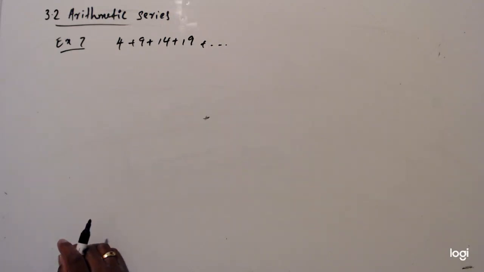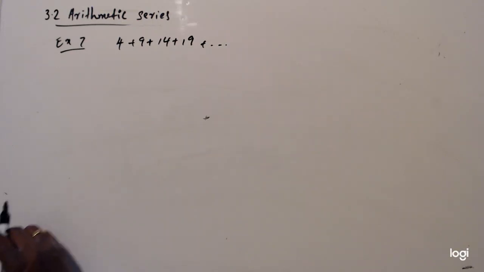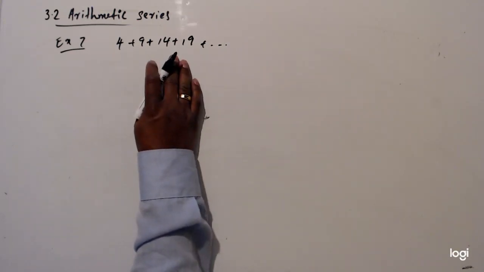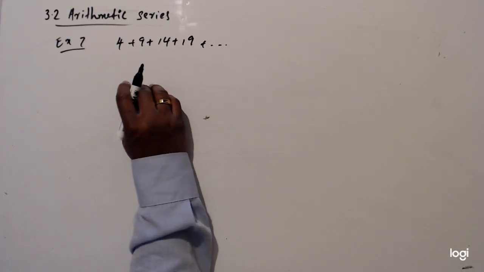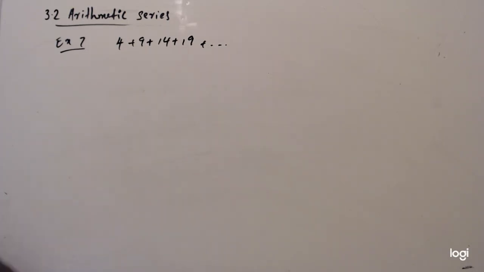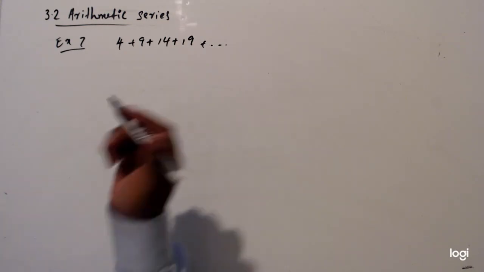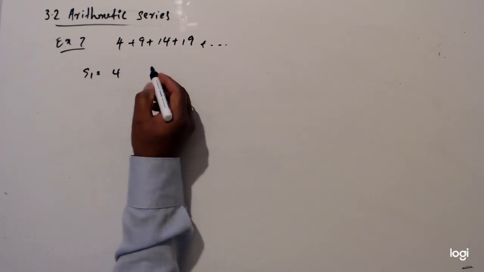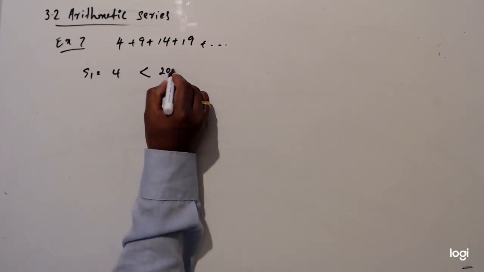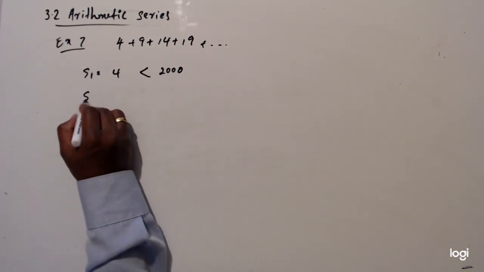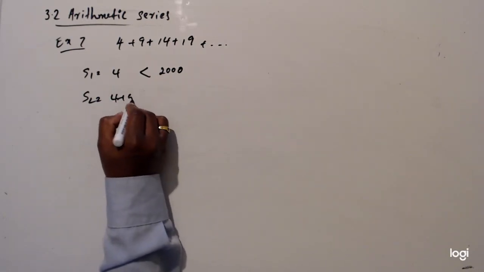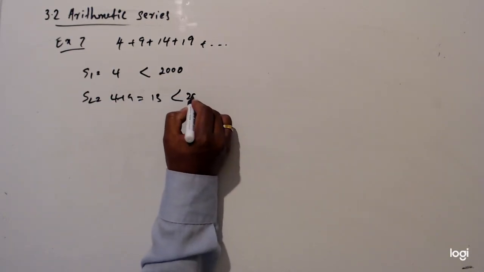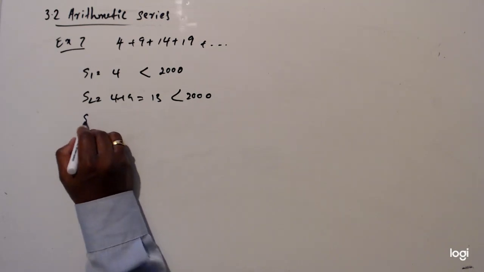Example number 7. Find the least number of terms required for the sum to exceed 2000. So we need to find the least number of terms. If we take S1, that is 4, which is less than 2000. S2, that is 4 plus 9 equals 13, less than 2000.